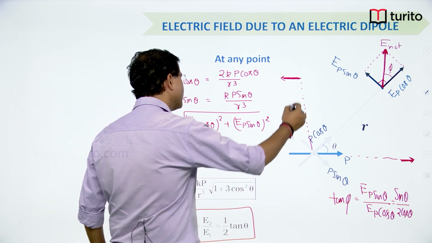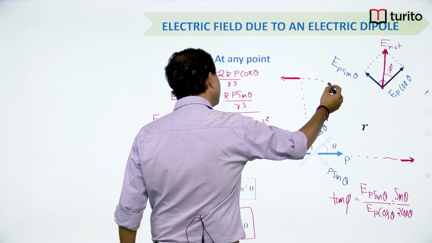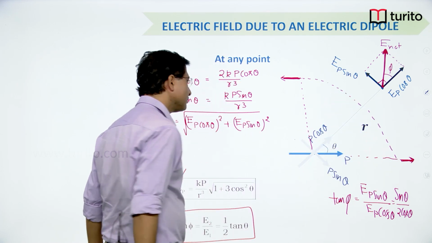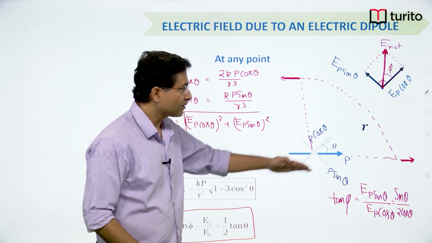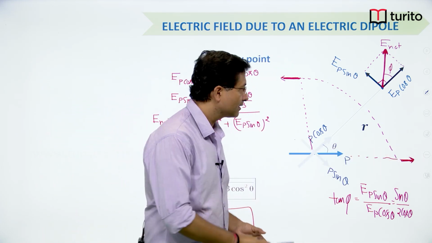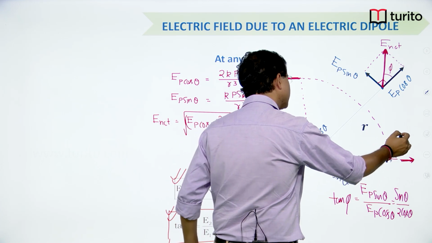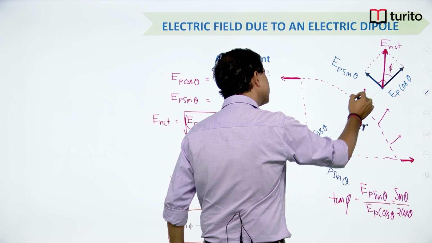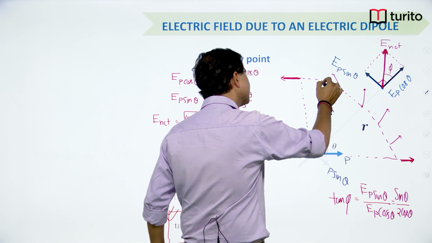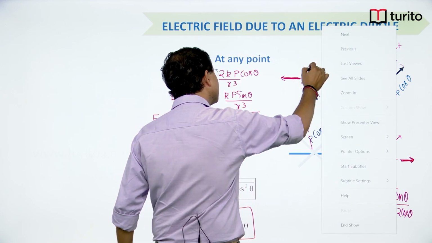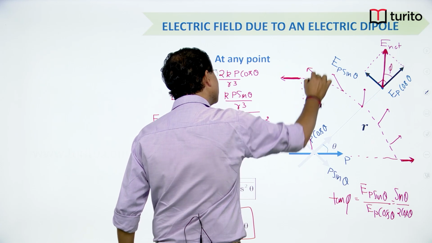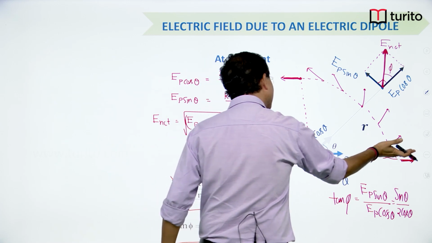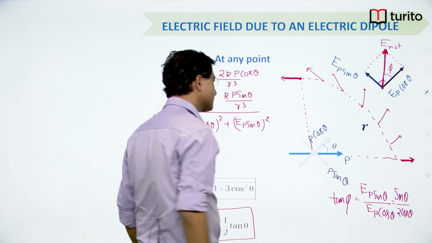That means at different points the direction of field will be different. At this particular point it is in this direction, somewhere here it will be in this direction, somewhere here it will be in this direction, then it will be in this direction, and when you reach exactly the bisector it will be like this.